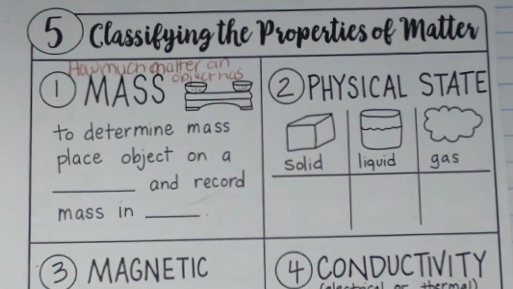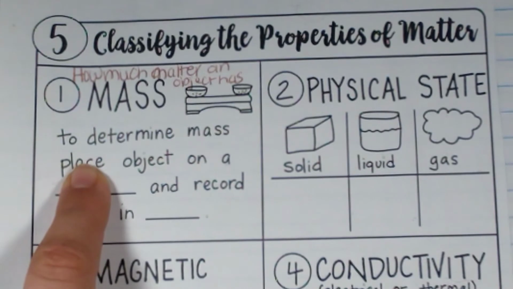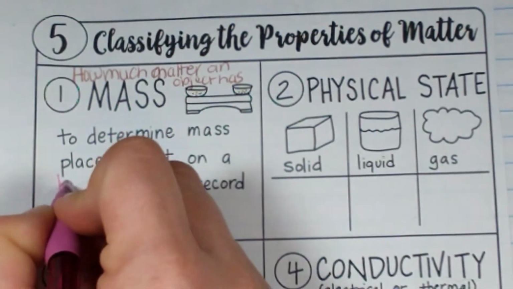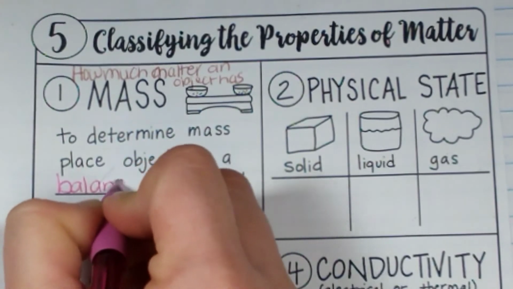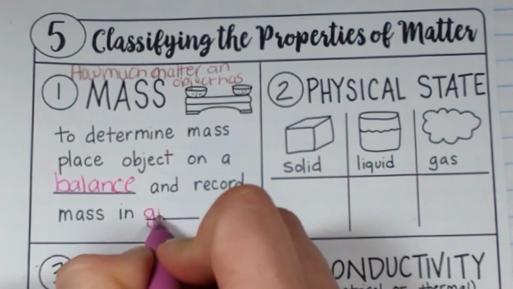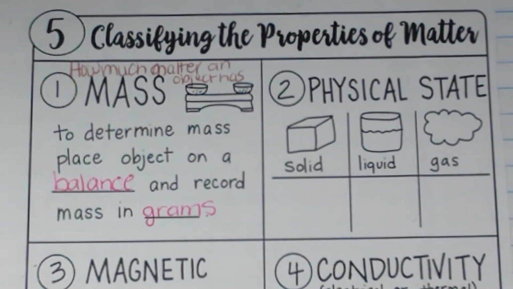We can also talk about, to determine mass, place an object on a balance. We talked about this when we talked about our different tools at the beginning of the year, and record the mass in grams. We always use the metric system when we're talking about science.